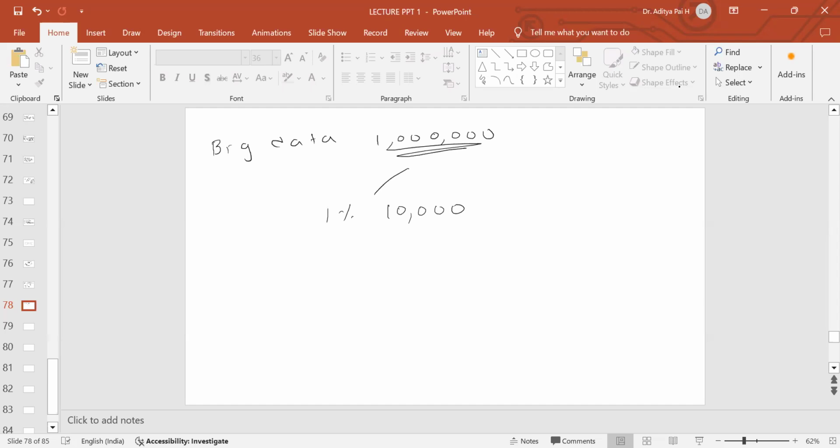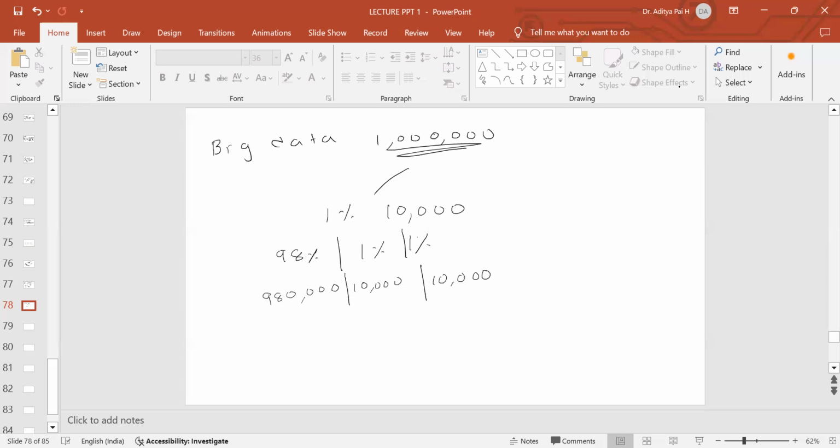So out of the 1 million, you can keep 98% for training, 1% for development, and 1% for testing. That will be around 10,000 and 10,000, and 980,000 for training.